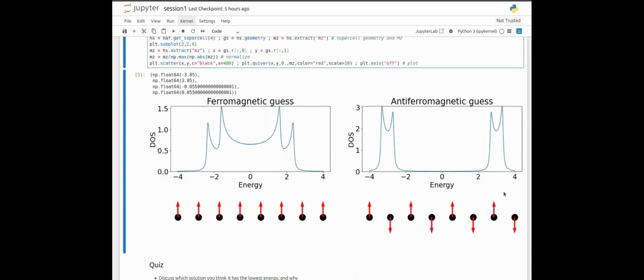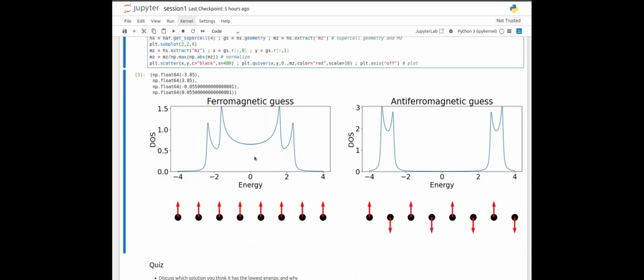Now, if we look at the antiferromagnetic solution, what we have is a magnetization profile that is indeed antiferromagnetic. So it's positive here and negative in the next one. And now the density of states is very different. So we have a very large gap. So the first difference that we see here is that in a ferromagnetic state, we may have a metal, whereas in the antiferromagnetic state, we may have an insulator.